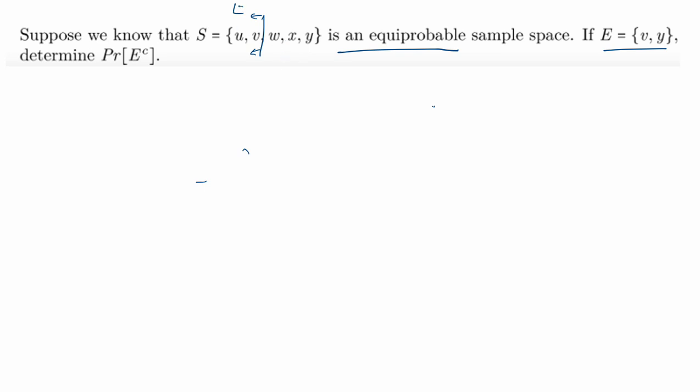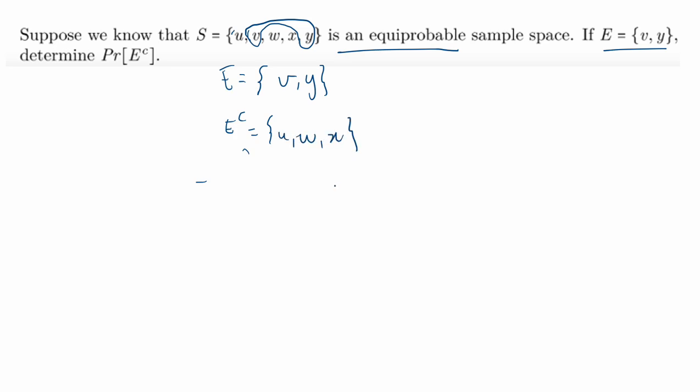Sorry, E is V and Y. So it's this. Okay? What's the rest? What's not V and Y? Well, it's the rest, right? It's U, W, and X.